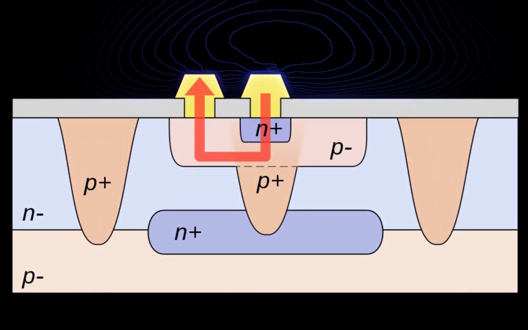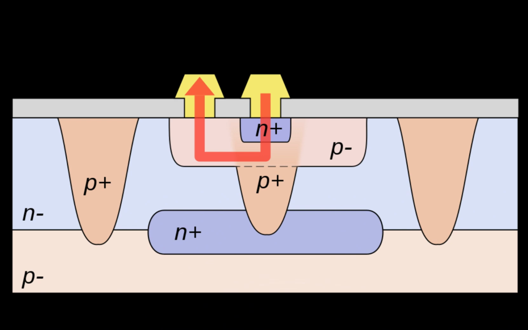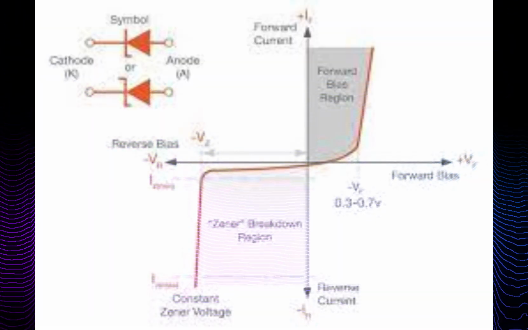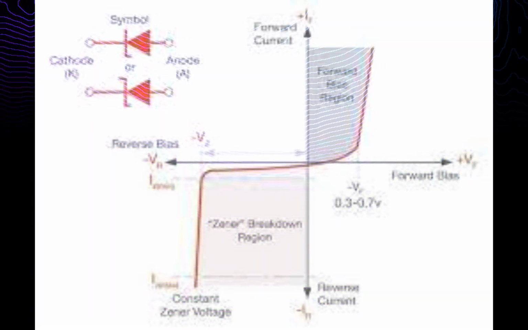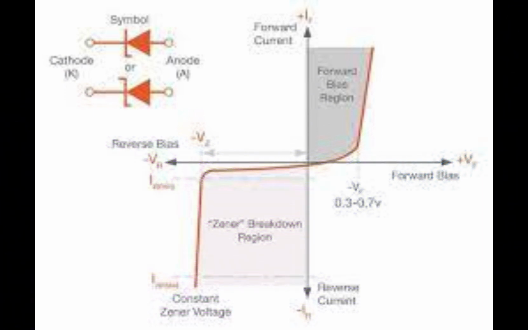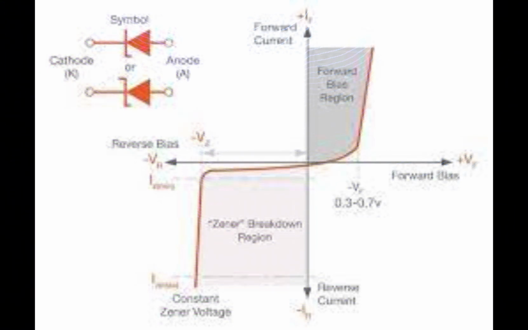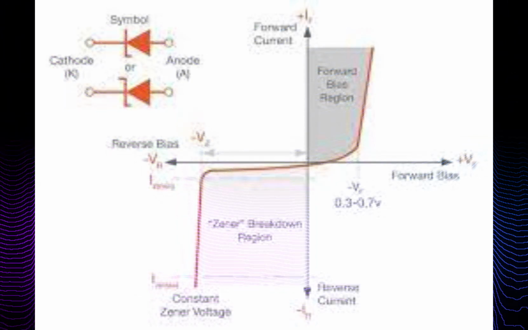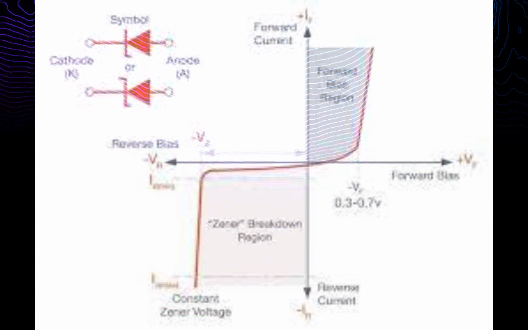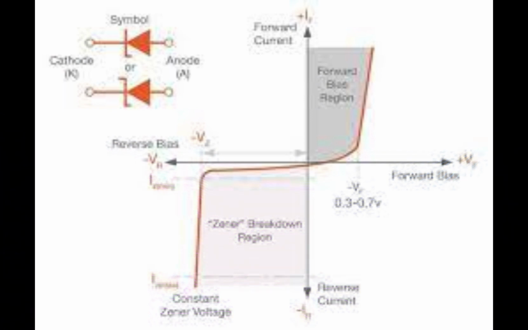Some of the most common applications for Zener diodes are voltage regulation, voltage reference, surge suppressors, switching signals, and clipping waveforms, among many other applications.